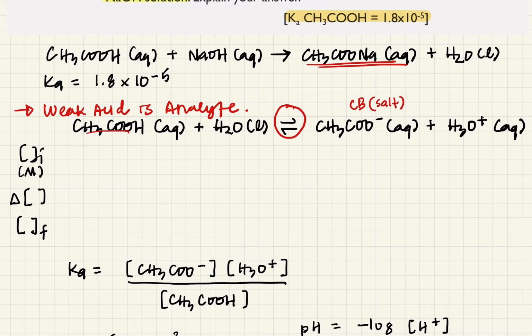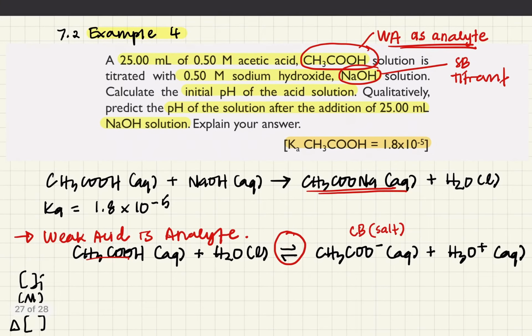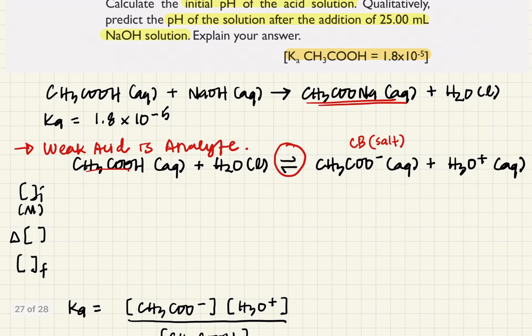do the ICE table macam biasa. So sekarang ni dia dah bagi tahu molarity kan. So I'll just guna molarity yang ada tu. So you have 0.50 molar of acetic acid. 0 ni dash. So your salt is not formed yet. So no hydronium ion yet. Okay.